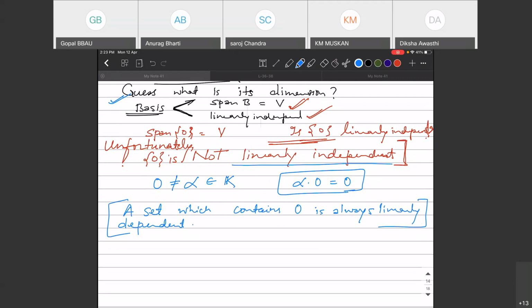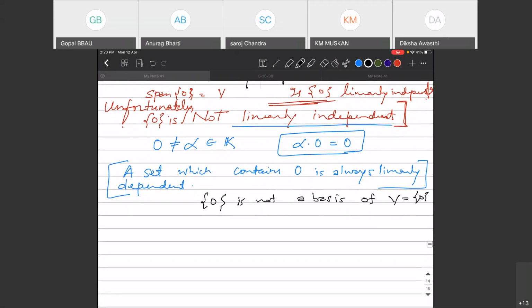So from this discussion what we inferred is that 0 is not a basis of V equal to 0. But what you know is that basis is a subset of V. Is it correct? Basis is a subset of V.